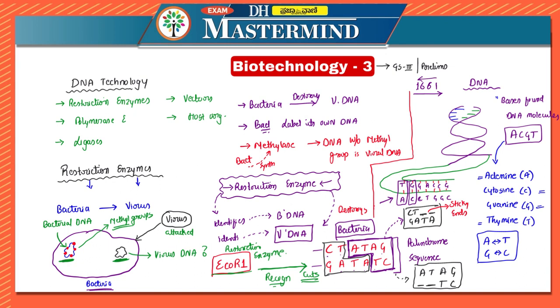Now this is used in many processes. For example, in human insulin production, the DNA is taken and it has methyl groups, and later EcoR1 cuts it at the particular sequence.